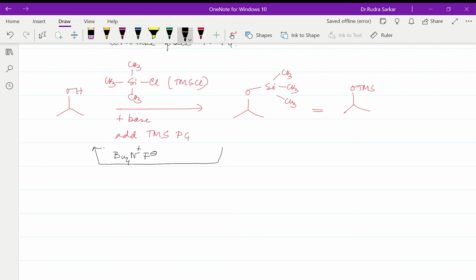Fluoride has a high affinity for silicon, and so it will cleave by making a nucleophilic attack on the silicon, and this particular bond will be cleaved. That will be the process of deprotecting silyl ethers and regenerating the alcohols. This is also known as TBAF, which means tetrabutylammonium fluoride.